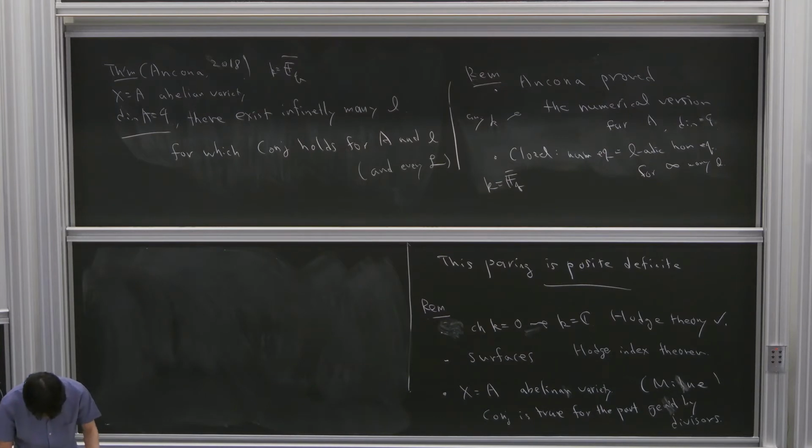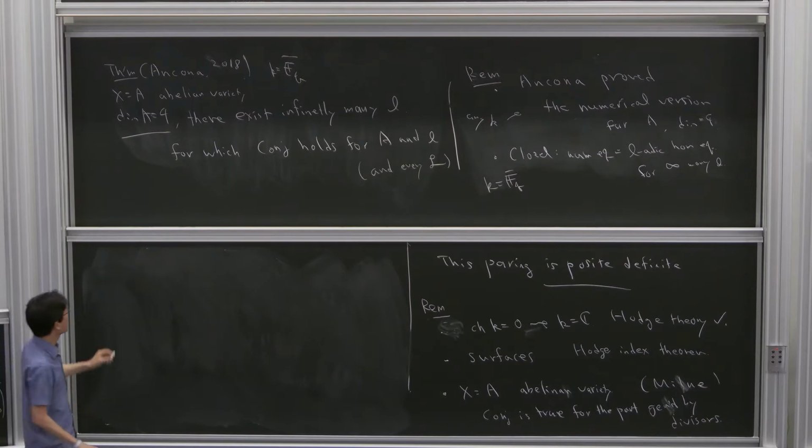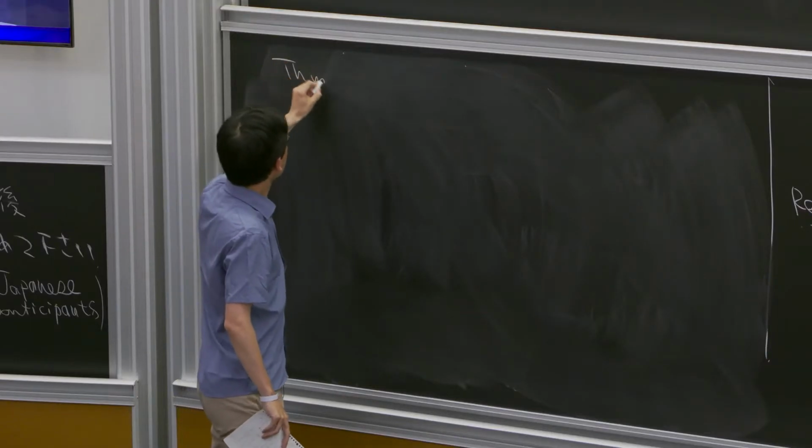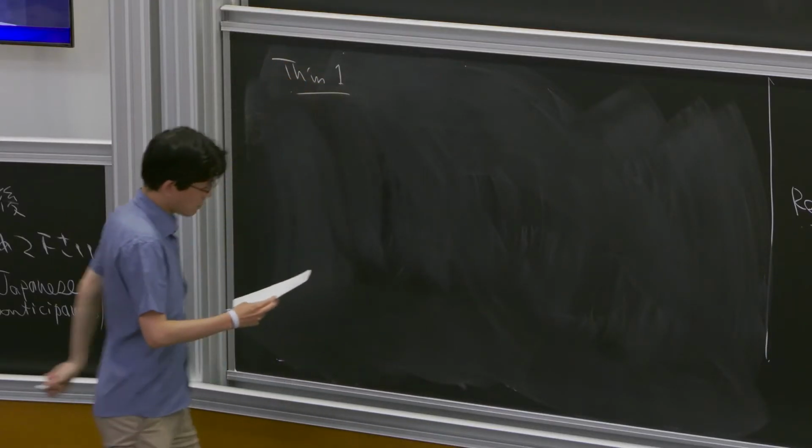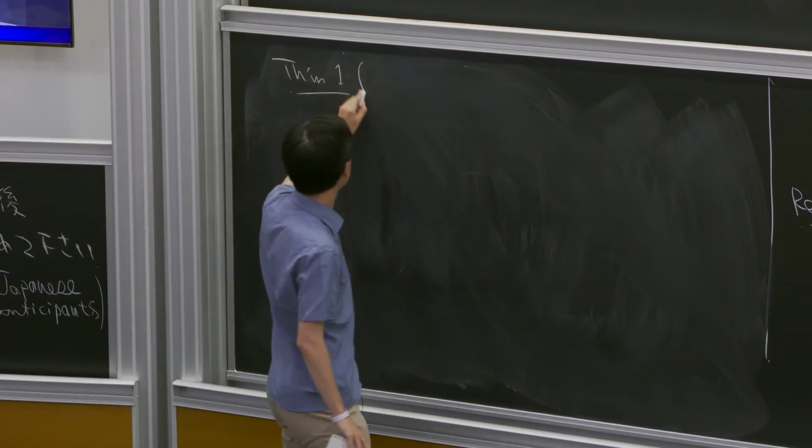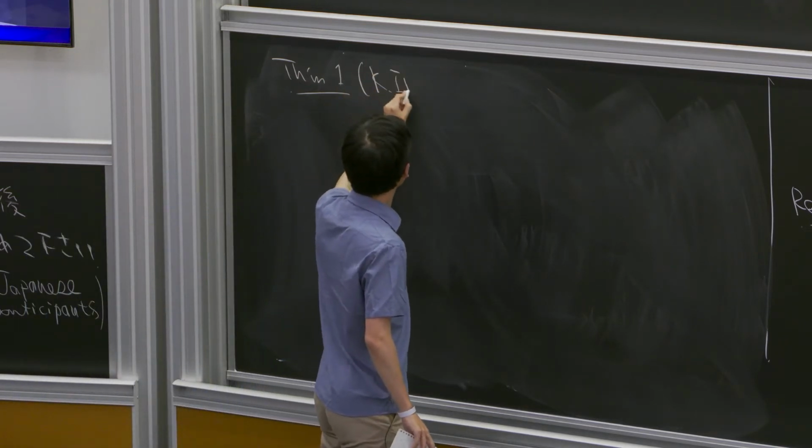So now let me state our result. Say theorem 1. This is joint with Ito and Ito.